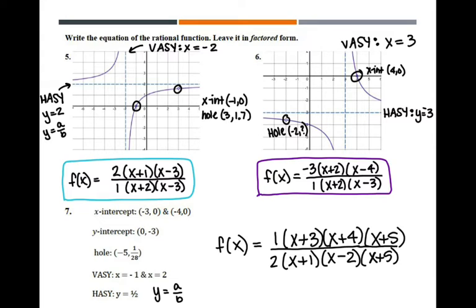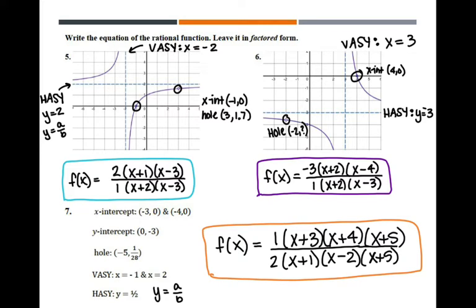Now, if you wanted to verify that your equation was correct, you could use the information from your y-intercept, plug in zeros for all of your x's to make sure that you get a -3. Personally, I'm not going to do that right now because I believe my equation is correct. All right, so there's your equation.